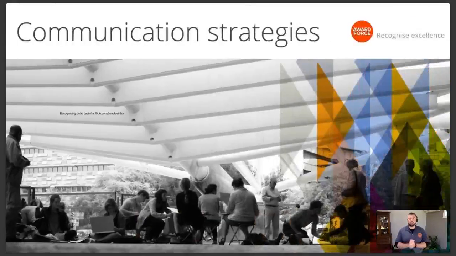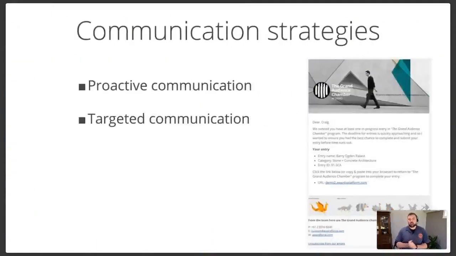First topic is communication strategies. I've noticed over my years at AwardForce some really good successful programs use these strategies, and I wanted to share that with you. Proactive communication and targeted communication.